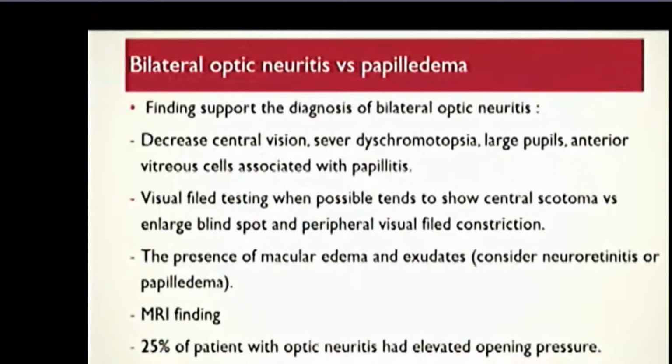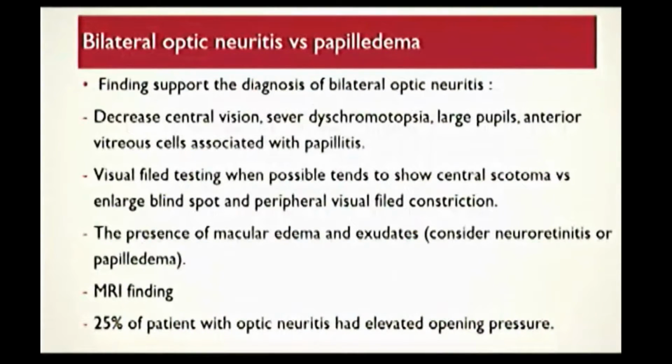Sometimes if the patient has papillitis, you might see some mild vitreous cells. The visual field, when possible, shows central scotoma in optic neuritis, in comparison to an enlarged blind spot with peripheral reduction of field in papilledema.